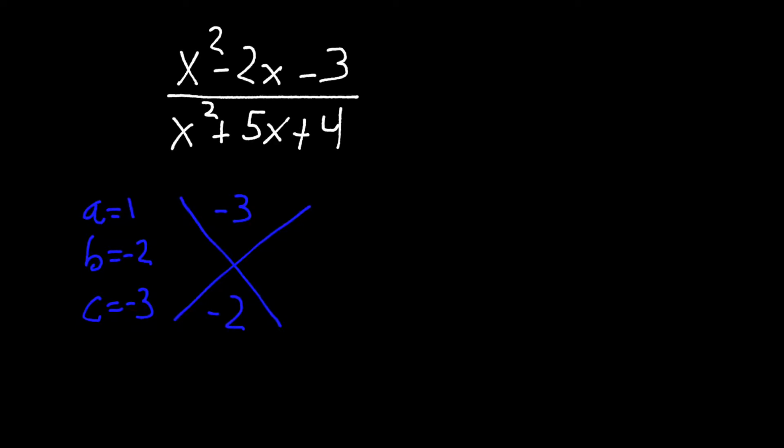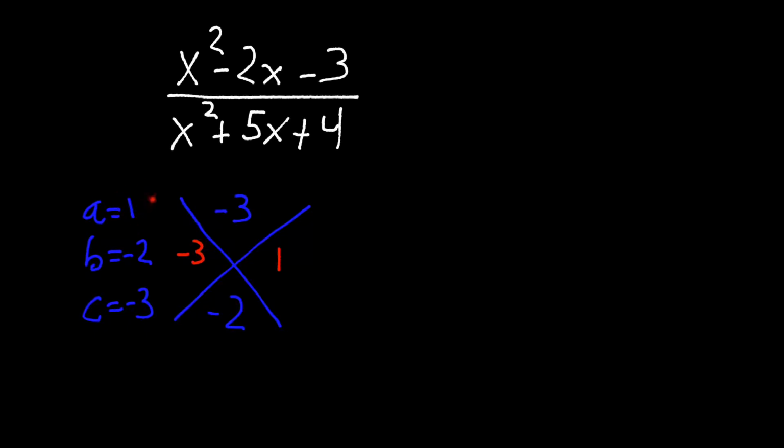And now I have to find two numbers that multiply to negative 3, but add to a negative 2. And that turns out to be negative 3 times 1, because negative 3 times 1 is negative 3, and negative 3 plus 1 is a negative 2.